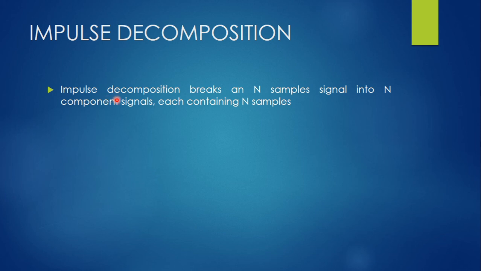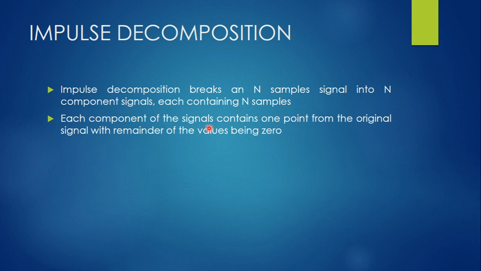So in impulse decomposition, what has been done is an n sample signal is broken into n component signals, each containing n samples. We have a 4 sample signal. It will be broken into 4 components. Each component will have 4 samples, but with only one non-zero, and the other 3 will be 0, as an impulse has only one non-zero value and all other samples are 0.